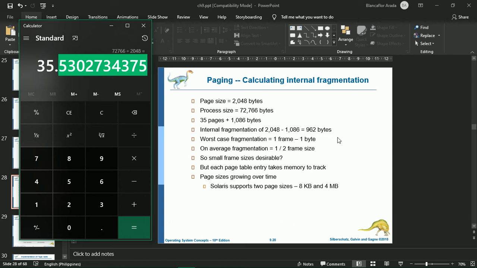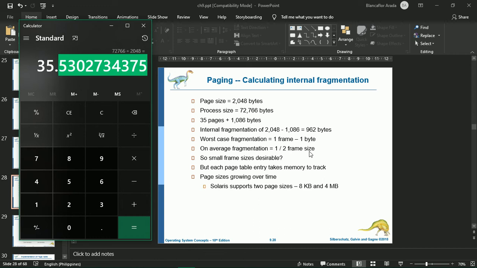So worst case fragmentation is equal to almost one frame, one frame minus one byte. On average, fragmentation is equal to one half frame size. So small frame sizes are desirable, but each page table entry takes memory to track, so page size is growing over time.